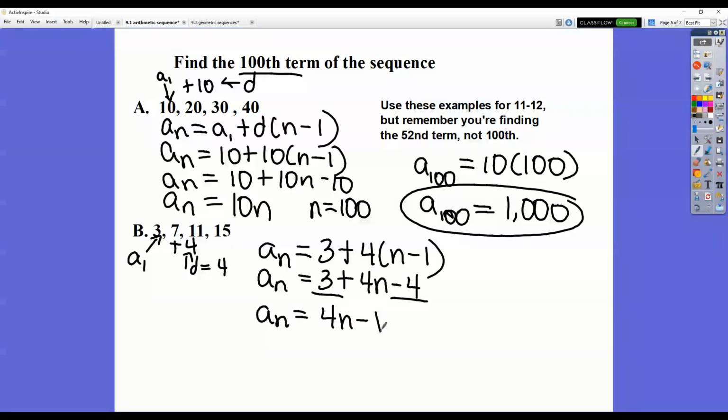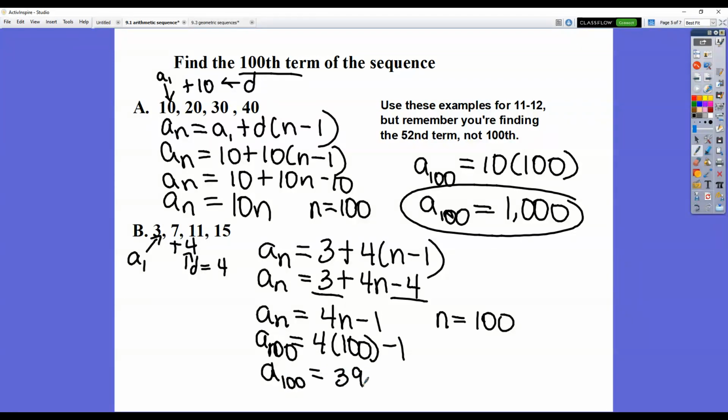Now remember, we're finding the 100th term, so plug in that n equals 100. So, oops, that should be 100 there. So the 100th term is 399.